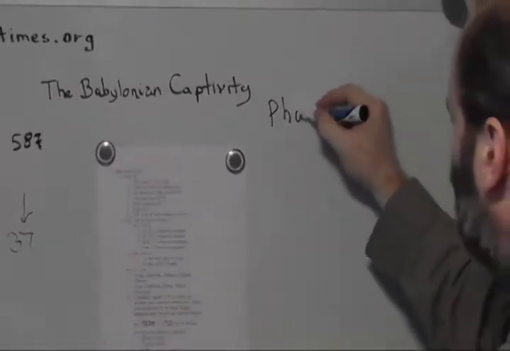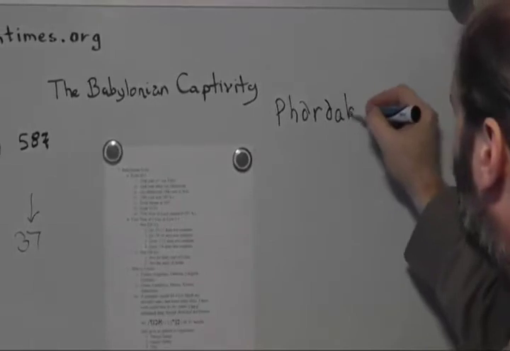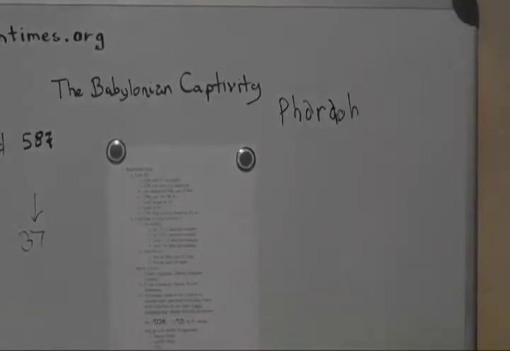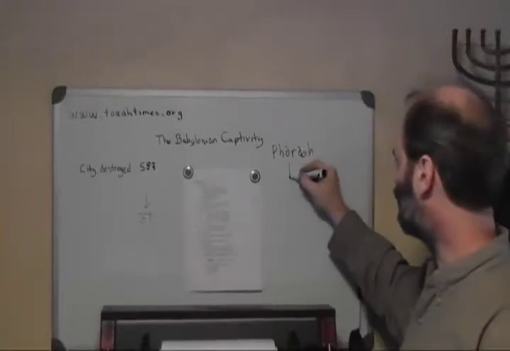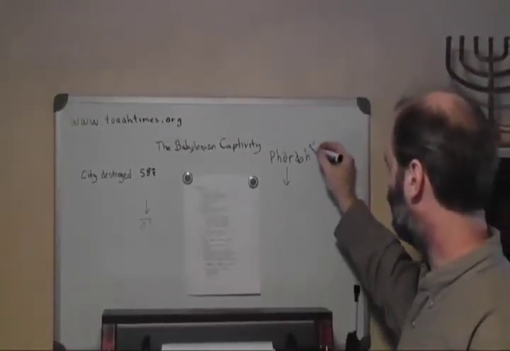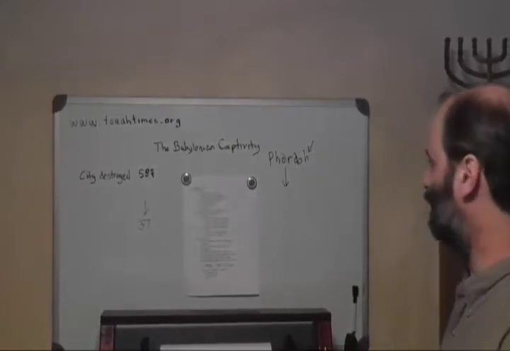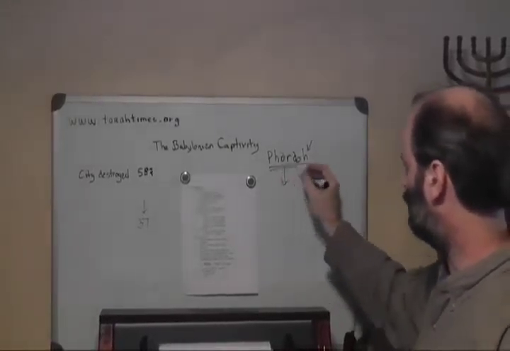Pharaoh, for example. All the kings of Egypt were called Pharaoh. In fact, when the Persians controlled Egypt, even the king of Persia was called Pharaoh. So whatever king was ruling over Egypt, even a foreigner, took the title Pharaoh.